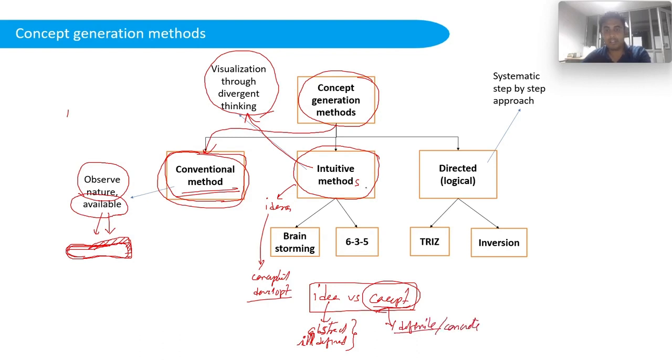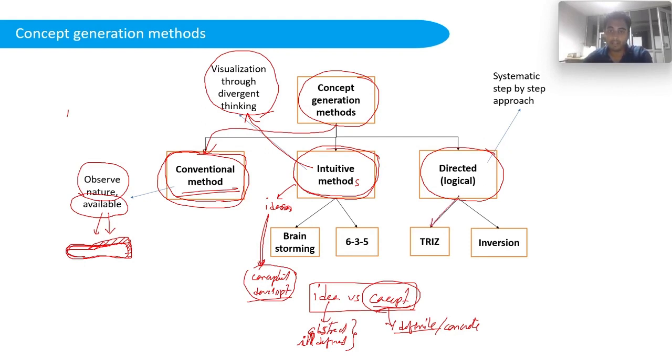Initially, using the intuitive methods, we generate ideas. Basically these are all concept generation methods. Using these techniques, first we create a lot of ideas, and from the ideas we come up with detailed concepts. The other method of concept generation is called the directed method, which is a logical, systematic approach by which a particular solution can be thought out.